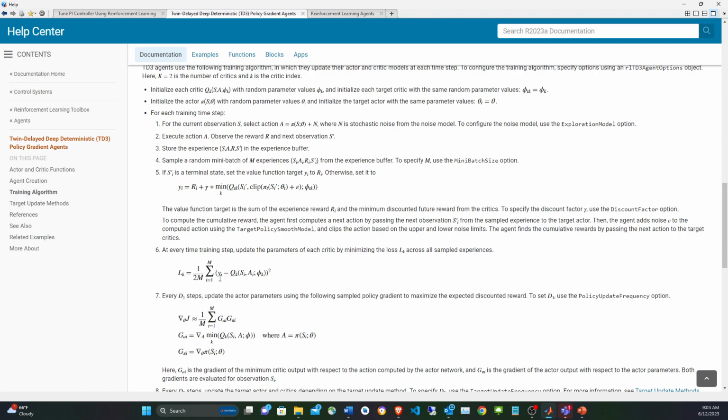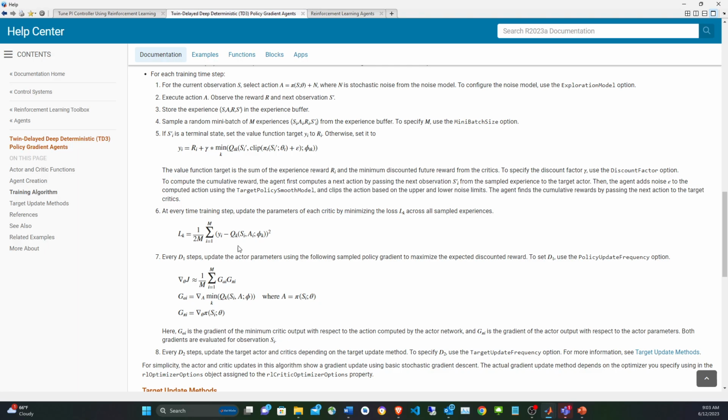Okay, anyway, that's for training the critic, and now for training the actor. In the actor, you don't want to minimize the error like in here. You want to maximize the reward, and that's why you use the gradients. The gradients point in the direction where it maximizes the reward. And in here again, you're using the predicted reward and the non-target policy, and then compute the gradients based on that.